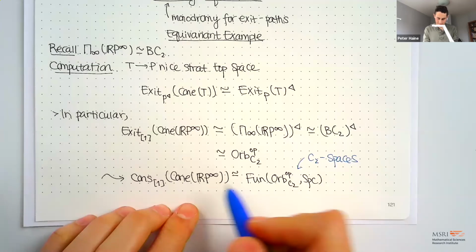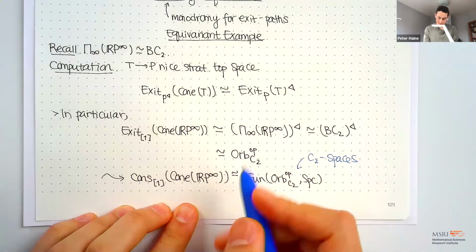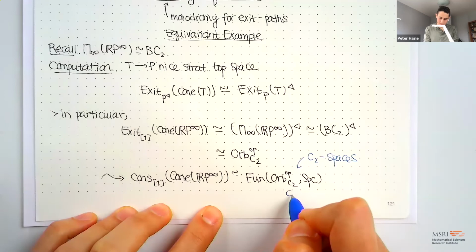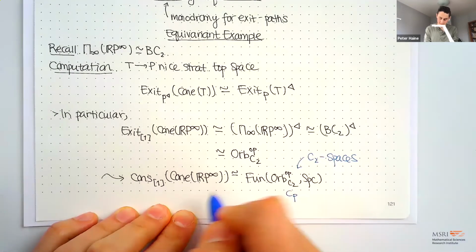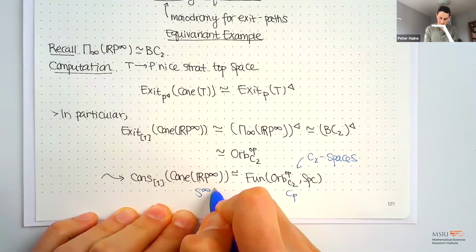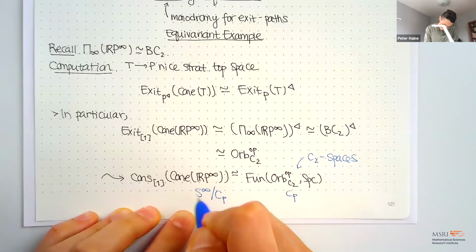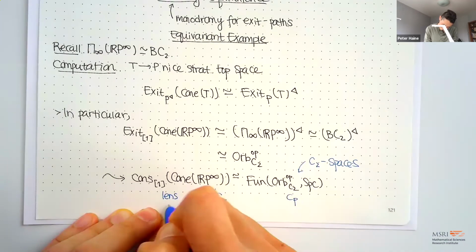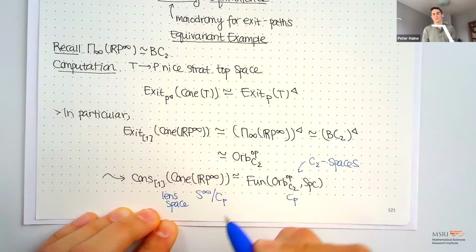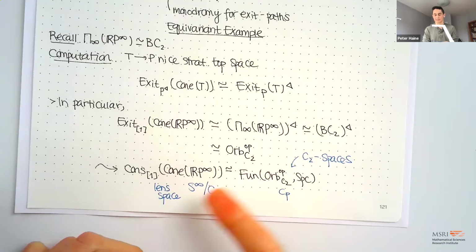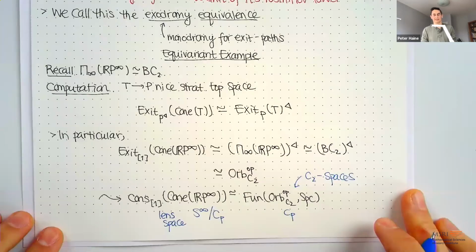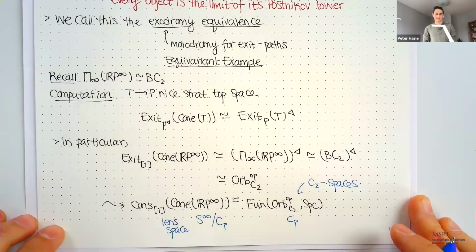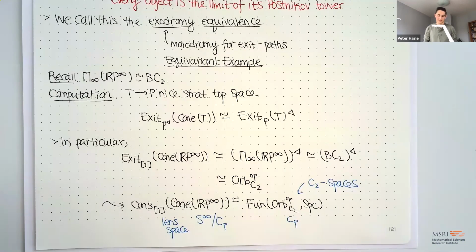If you wanted to work with Cp, you could replace this with some geometric model for BCp, for example one of these lens spaces. For more complicated groups it's not as simple as this, but I think it's a nice example to connect these constructible sheaves to other things. Somehow these are very related to equivariant homotopy theory.